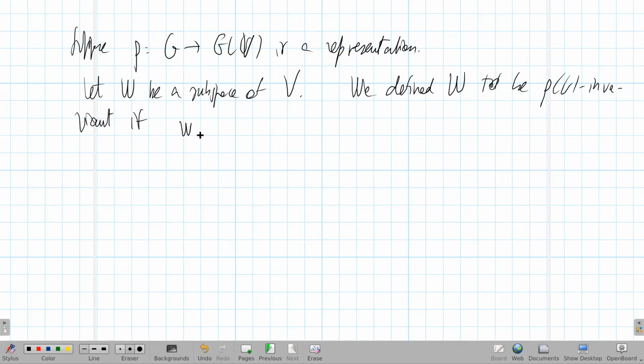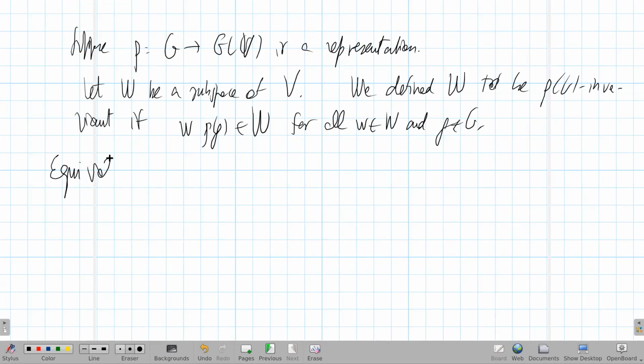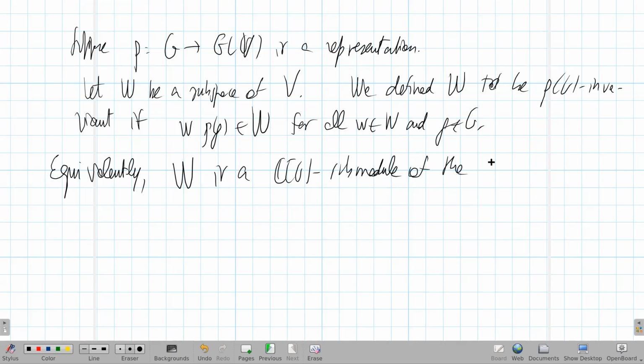If w rho(g) is in W for all w in W and g in G. But another way of stating this is that W is a CG submodule of the CG module V. So it's a more compact way of doing this, because if you say CG submodule, it's invariant under multiplication by elements of C, so it's a subspace.